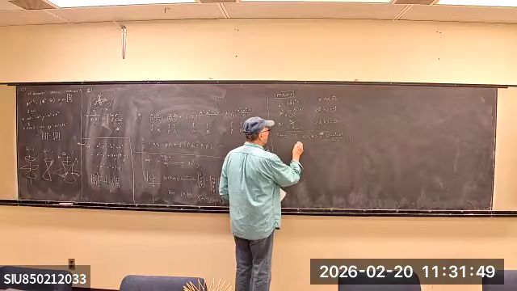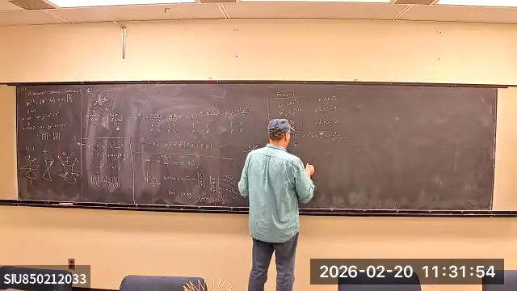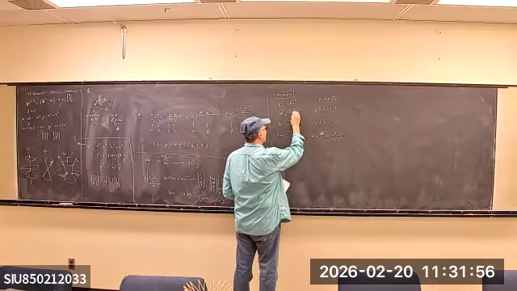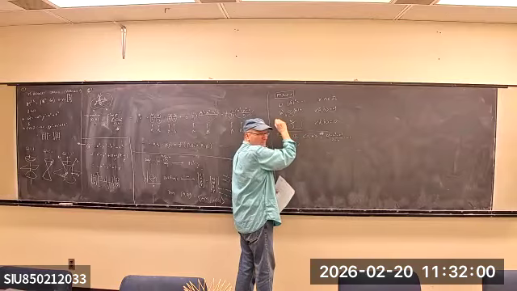Number two, for this external part, look at this. This is the radius, this is the radius of the other one. The distance is r1 plus r2.